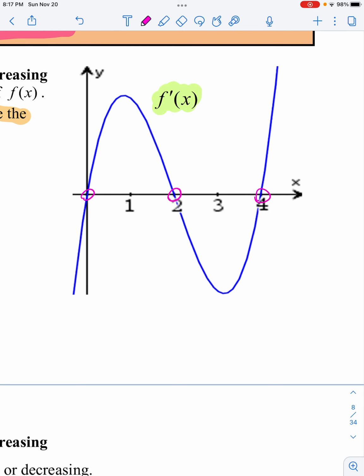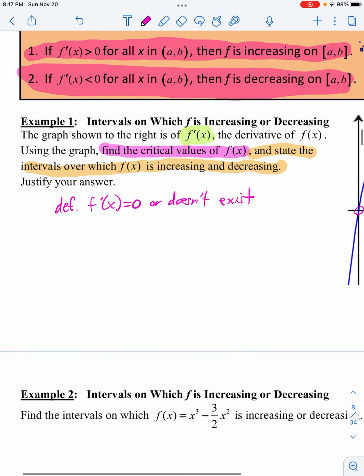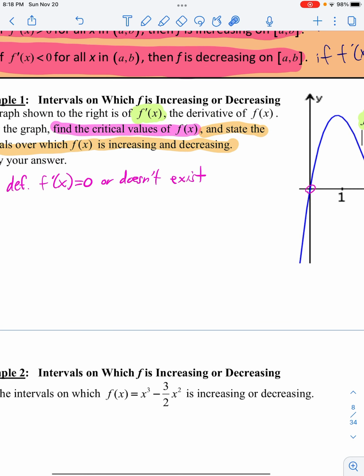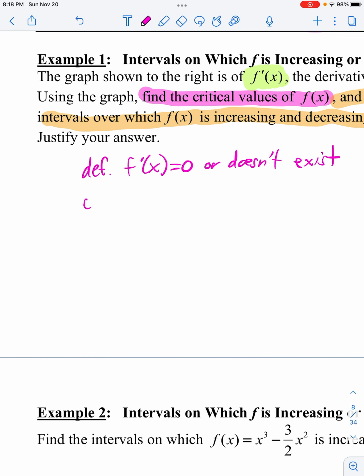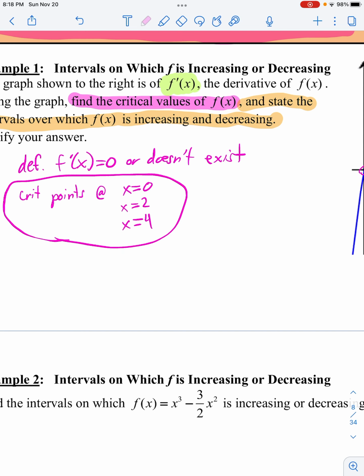So the critical points of f are going to be 0, 2, and 4. You see that? So critical points at x equals 0, x equals 2, x equals 4. Boom. Done with the pink part.